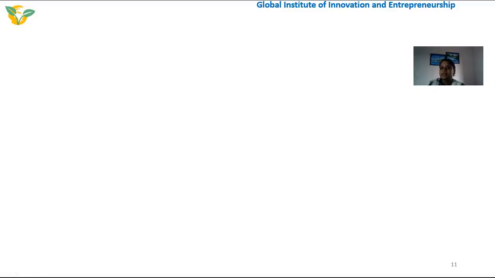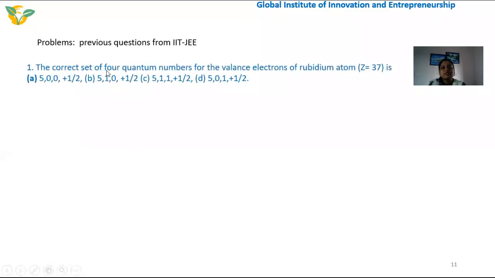So we have discussed the theory. Now we can discuss some numerical problems, and the first is about the correct set of 4 quantum numbers for the valence electron of a rubidium atom. The electronic configuration for the rubidium atom is krypton 5s1, and the valence electron exists in the 5s orbital.